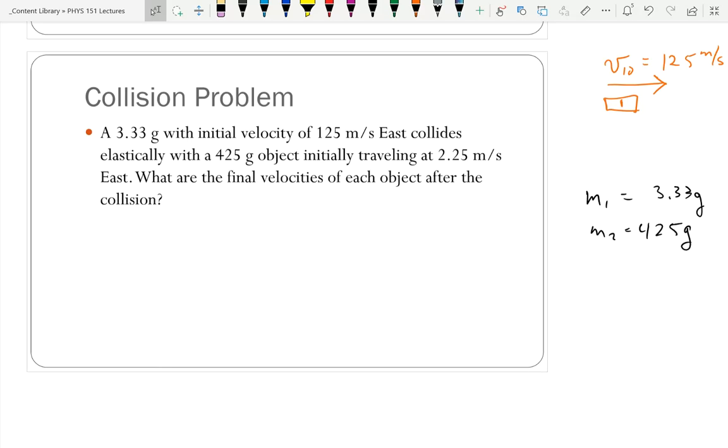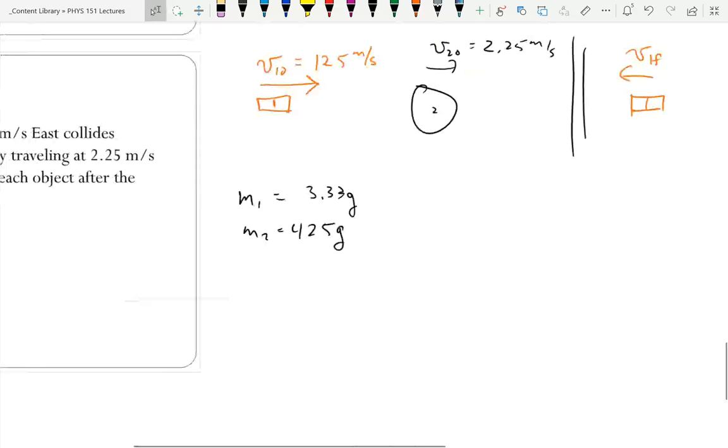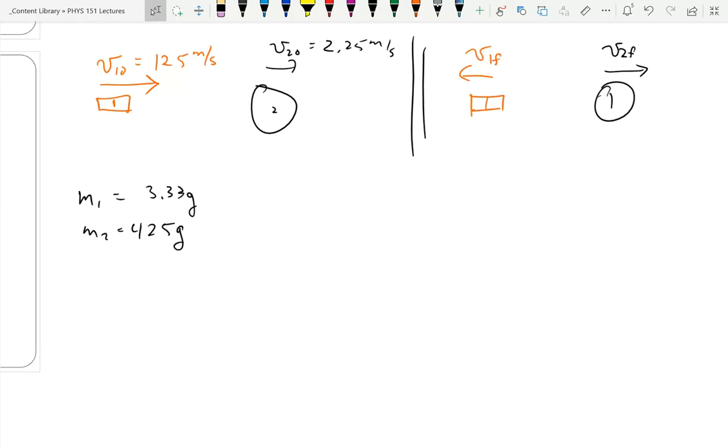On the test it says collides one-dimensionally, so you don't have to ask, what if it bounces off in some crazy direction? If it's elastic, it's still just bouncing off and not causing any damage, because if it caused damage, that would take away energy and that would be partially inelastic.